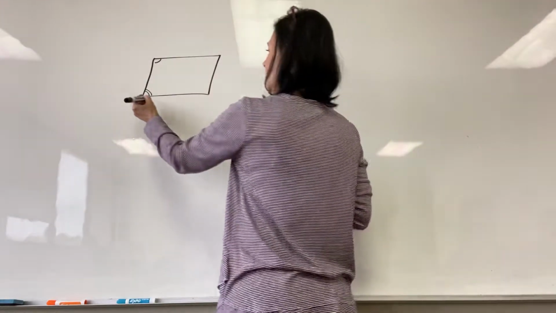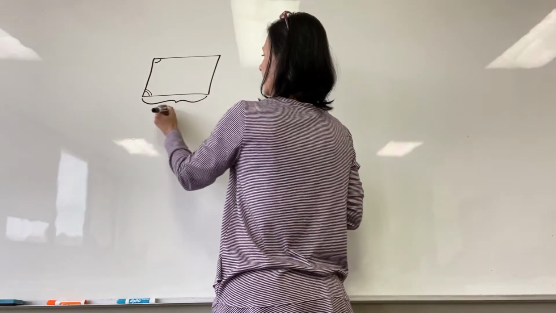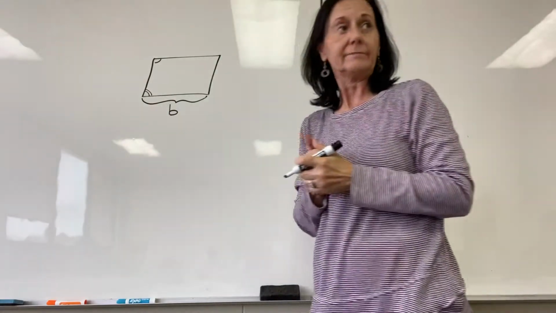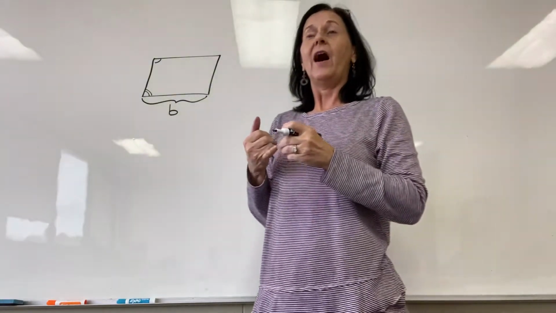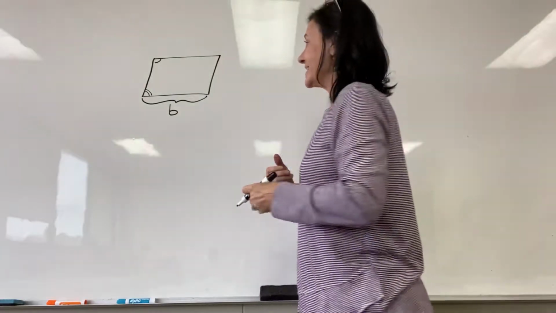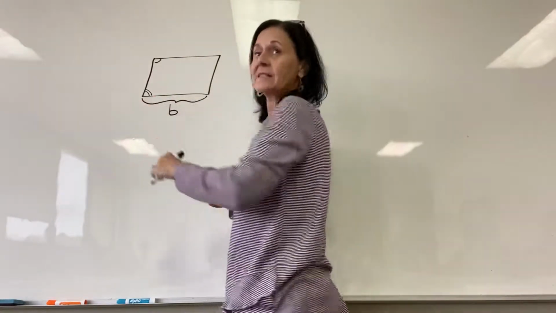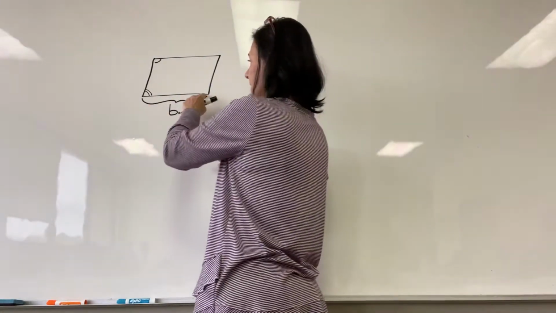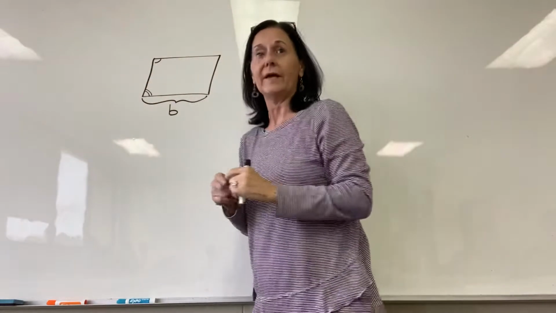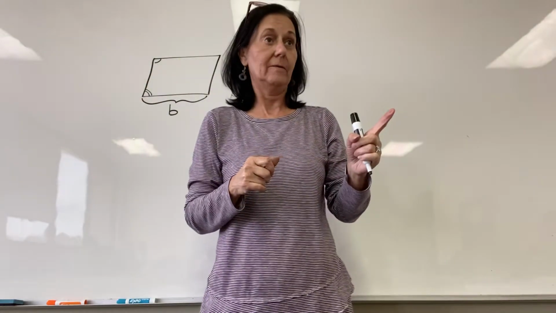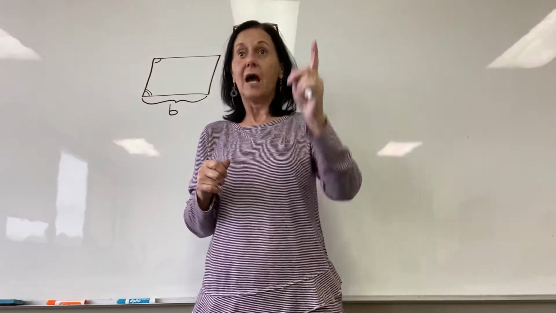In a parallelogram, if this is your base, then the height is not the length of that side. It is not length times width like a rectangle. It is base times height.